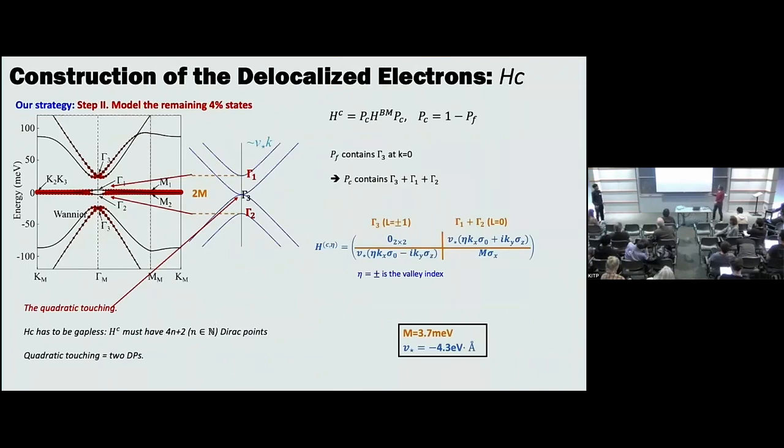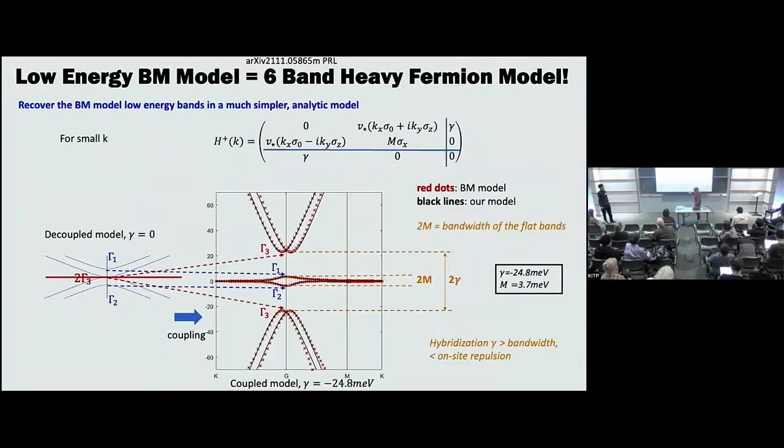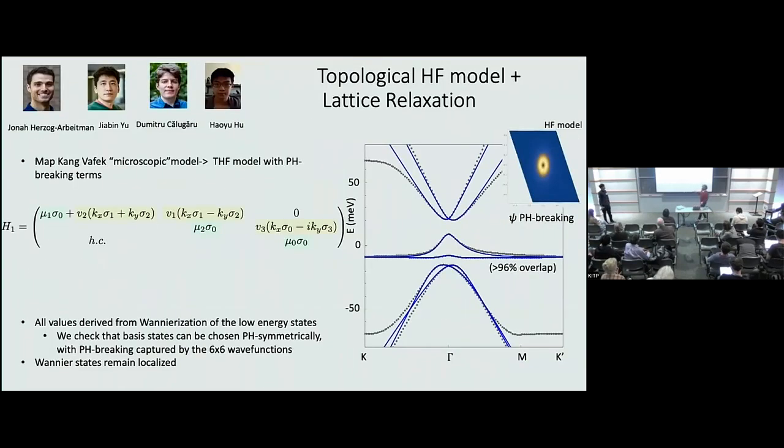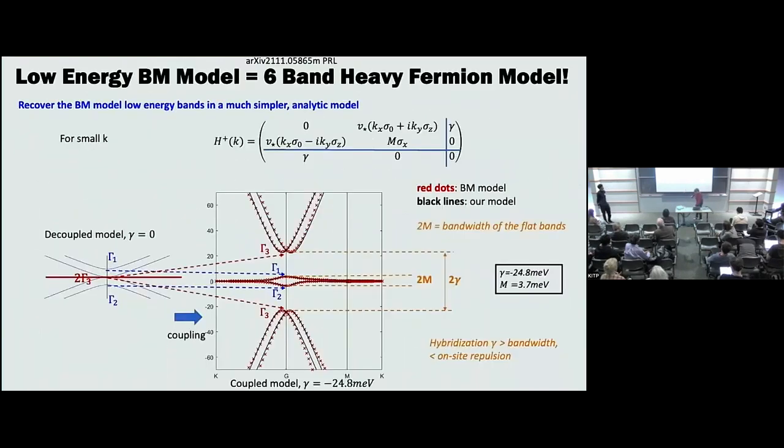Yeah, so in this Bistritzer-MacDonald model, which has particle hole symmetry, this is stuck at zero energy. Now I don't need to do that. For example, I can add these extra terms which break particle hole symmetry, and this is the two-dimensional representation. So it's a different energy, and in this case it doesn't look particle hole symmetric.